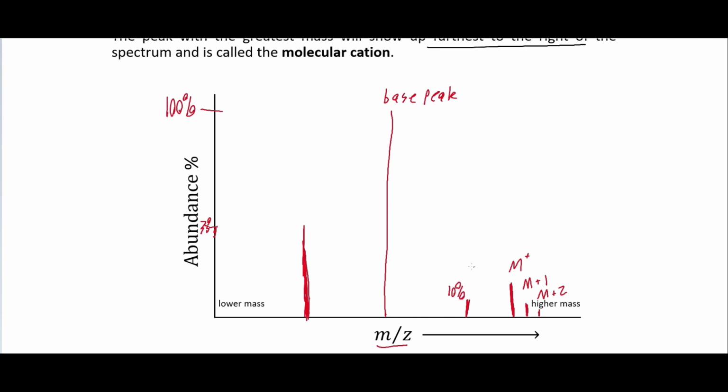That's telling us that this peak is from a fragment that is less stable than this fragment, but this fragment is less stable than the base peak, where the base peak will usually be the most stable fragment that we get.